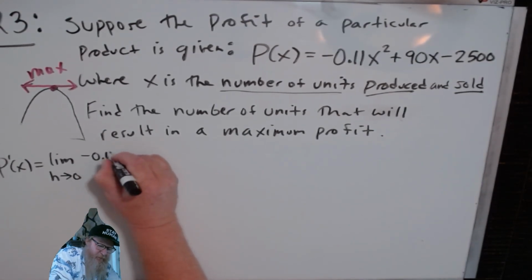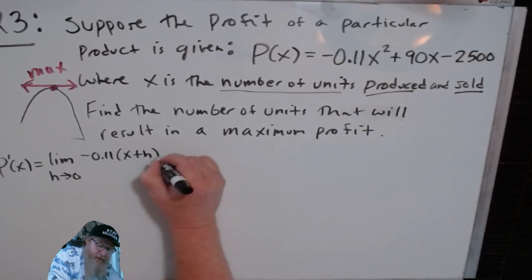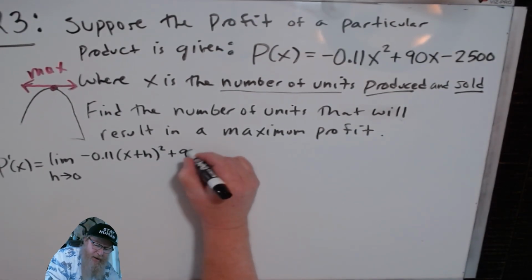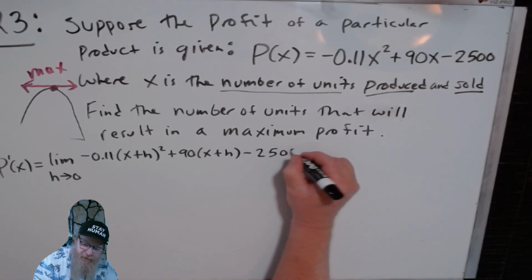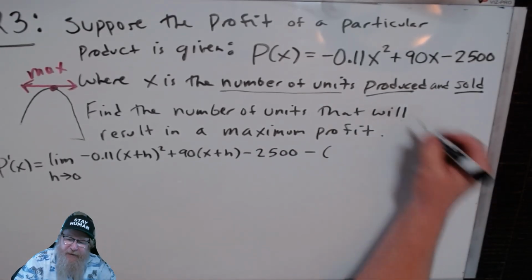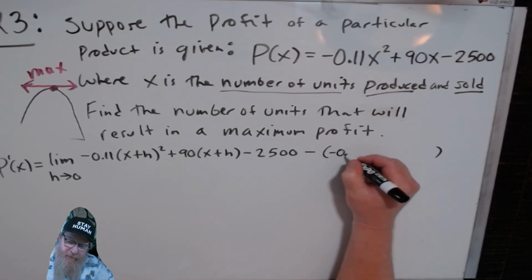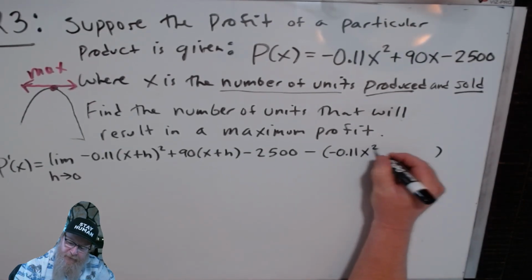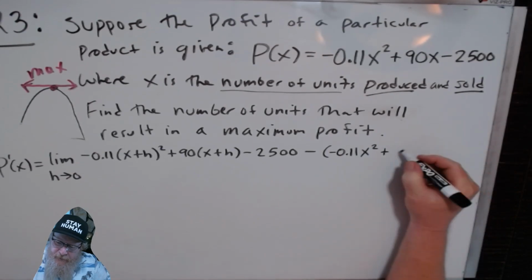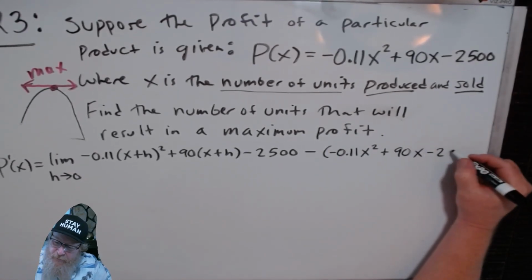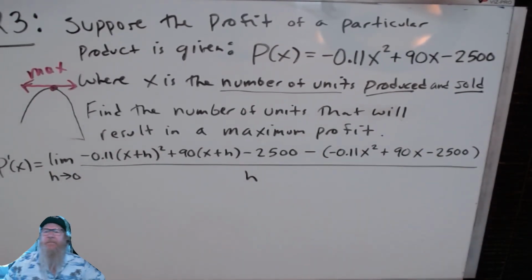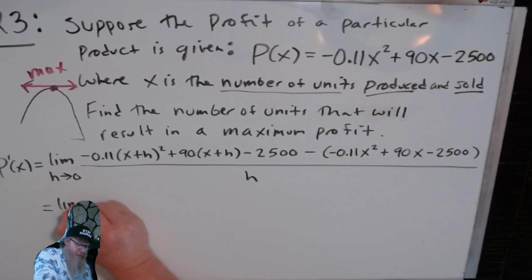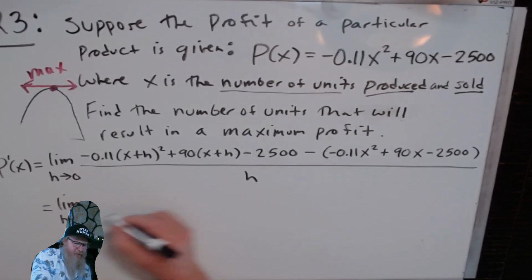Negative 0.11 (x plus h) squared plus 90 (x plus h) minus 2,500, minus, and then I put this entire function of profit in the second set, negative 0.11 x squared plus 90x minus 2,500, all over h. So that's the limit as h goes to 0.